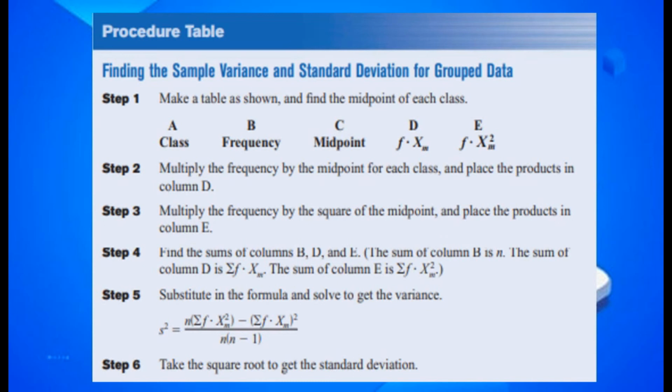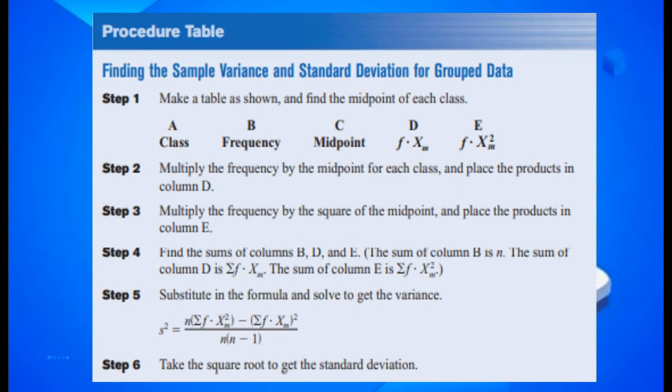Step 2, multiply the frequency by the midpoint for each class and place the products in column D. Step 3, multiply the frequency by the square of the midpoint and place the products in column E. Step 4, find the sum of columns B, D, and E.